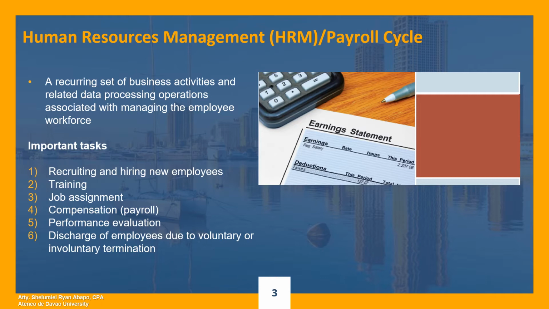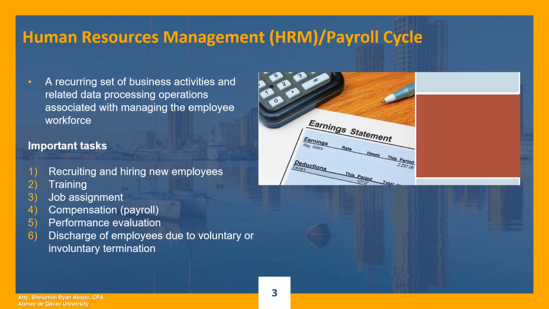In our lesson in this chapter, class, we will focus primarily on the payroll system because accountants have traditionally been responsible for this function. We will start by describing the integrated HRM payroll system and then discuss the controls necessary to ensure that it provides management with reliable information and complies with government regulations.